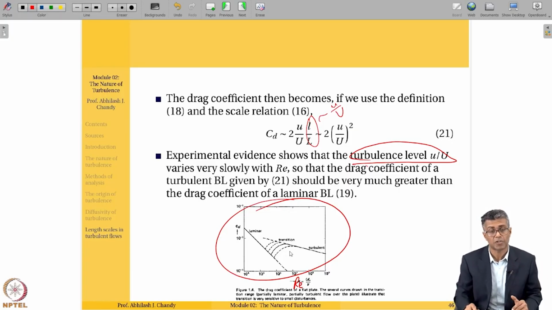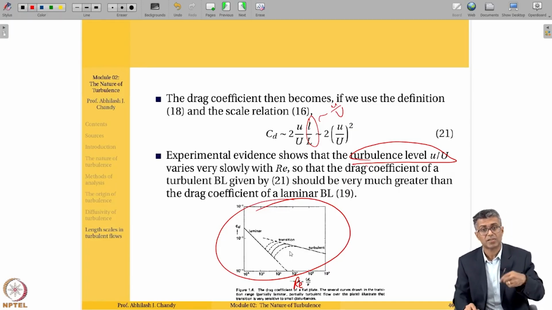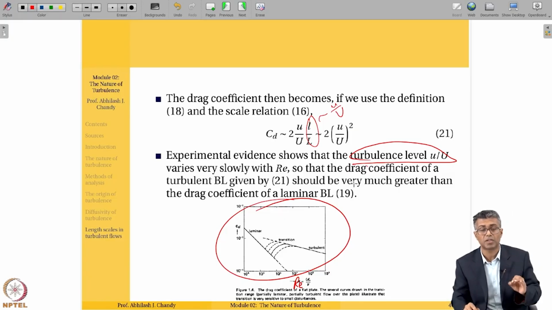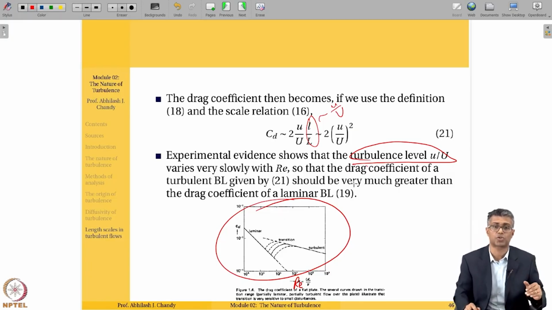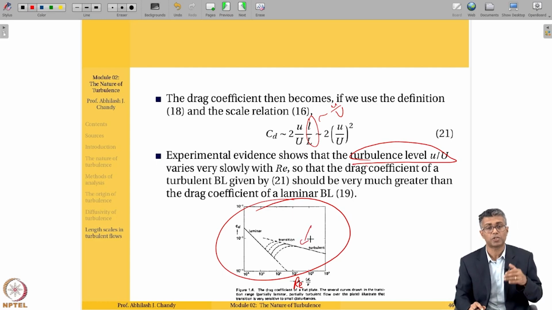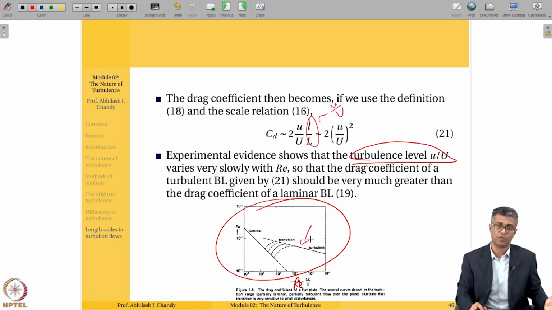I'm talking CD versus Re. That is indicative of this particular sentence where we say that the turbulence level actually varies very slowly with Reynolds number. And that is why you're seeing a line which has a slope that is much less than what you see in a laminar flow.